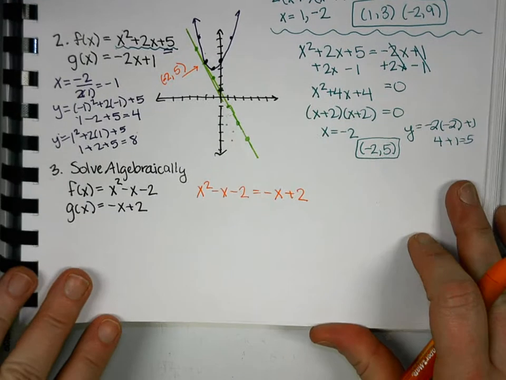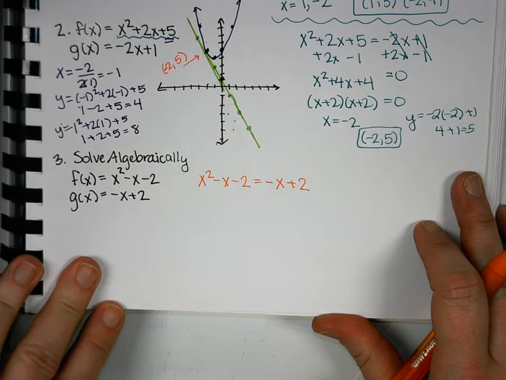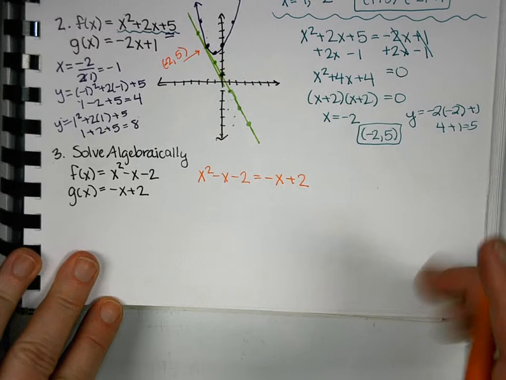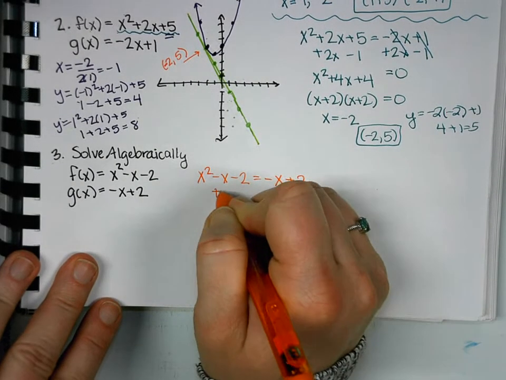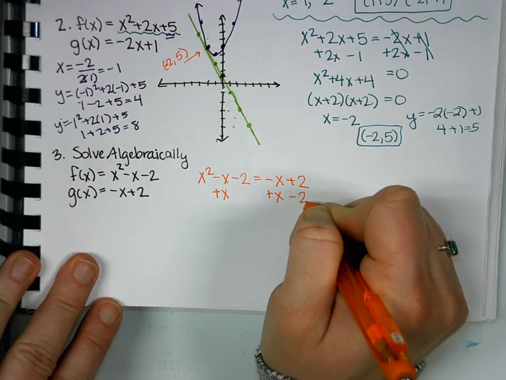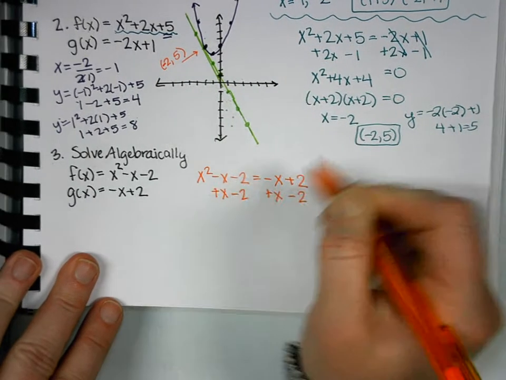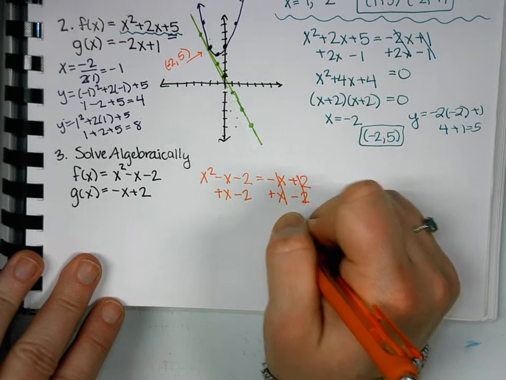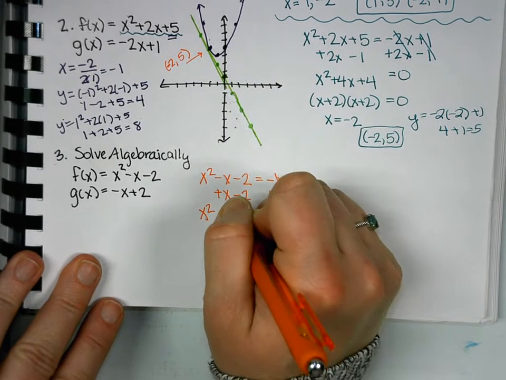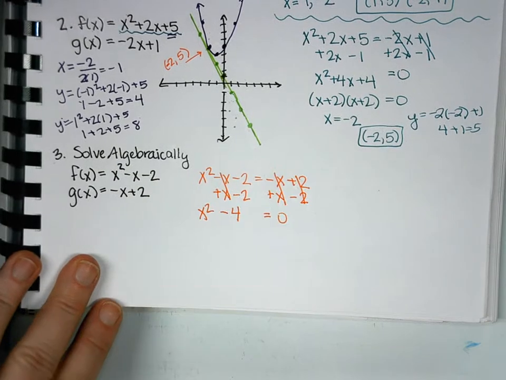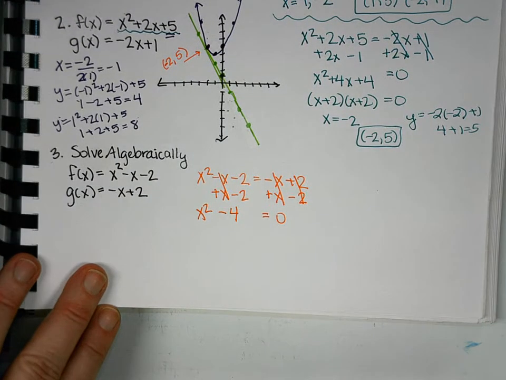So we set f and g equal to one another. Move everything to one side so that you get a 0 on one side and your polynomial on the other. And in this case, it canceled out our x, and we're left with just x squared minus 4.